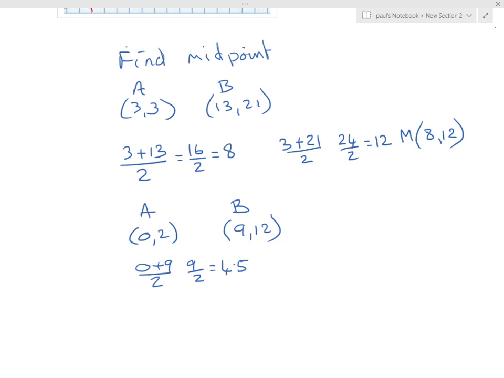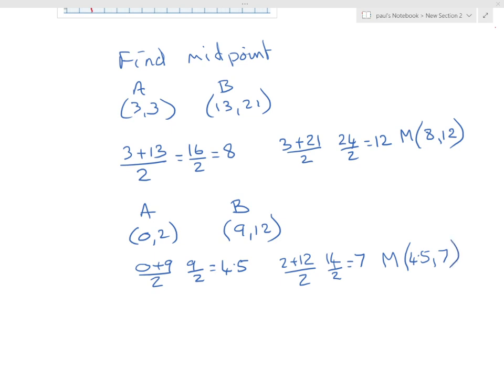That's the x. And the y's are 2 plus 12 divided by 2, 14 divided by 2 equals 7. So the midpoint here is going to be 4.5 and 7. Yeah, good.